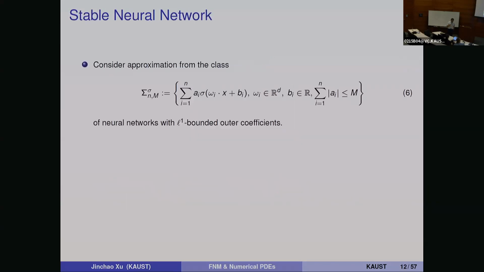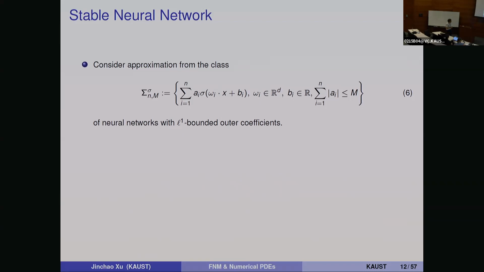So approximation theory for neural networks has been a very interesting subject in machine learning. In machine learning language, they call it representation power: whether your model is rich enough to learn some features of the data function.